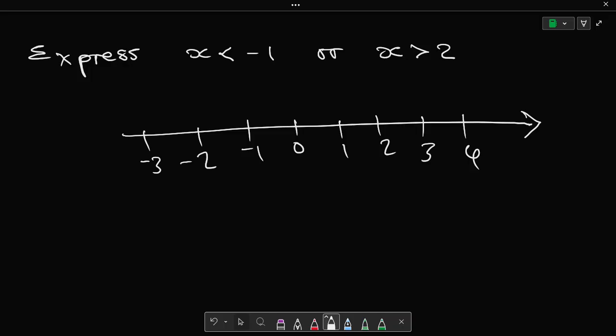So x is greater than 2. It's an open circle going this side, and x is less than -1. So it's an open circle. What numbers are less than -1?